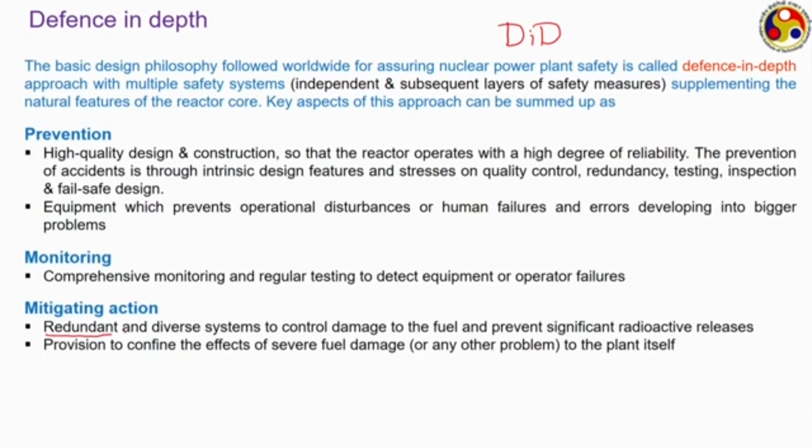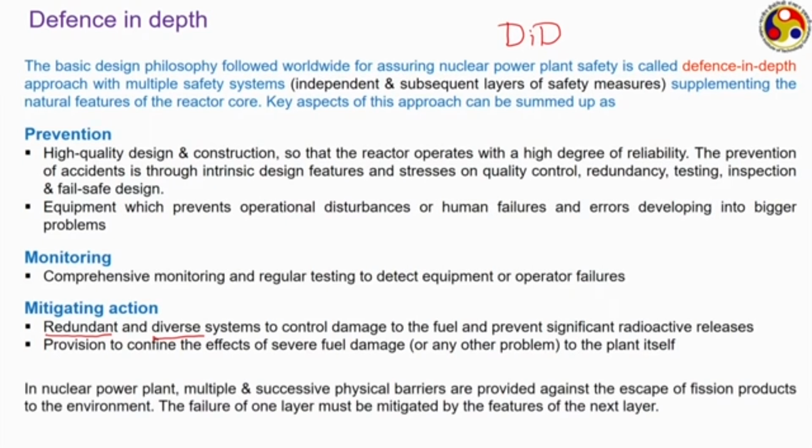This term redundant and diverse we shall be discussing, but in short, we need systems which are able to control damage to the fuel and prevent subsequent radioactive release, and we must also have provision to confine the effect of severe fuel damage or any other problem within the plant itself. So these are the three key aspects around which this entire philosophy of defense in depth revolves: prevention, monitoring and mitigating action.